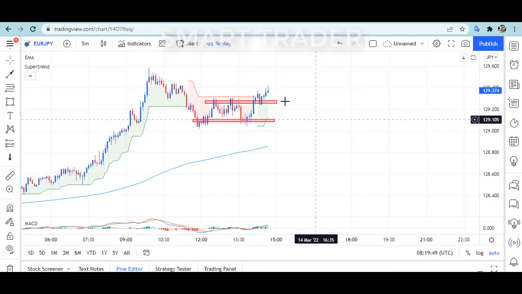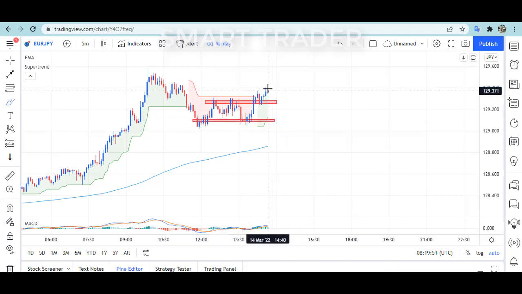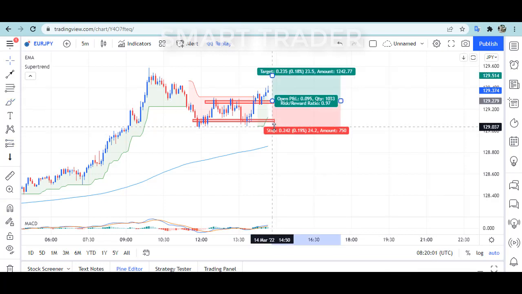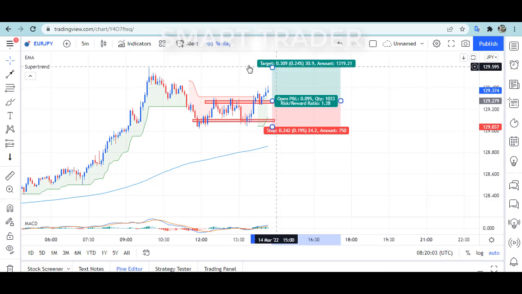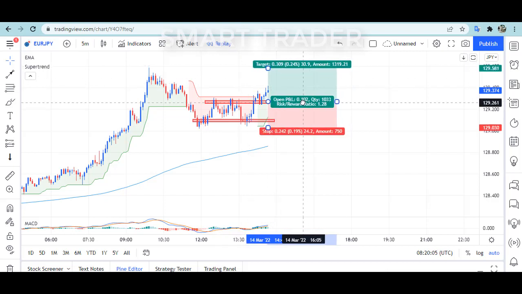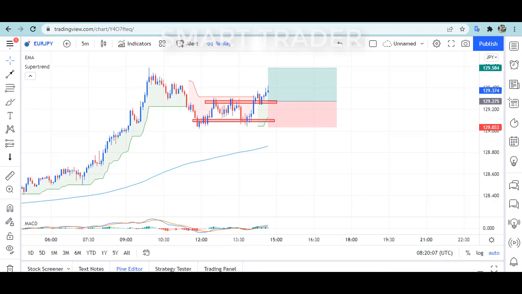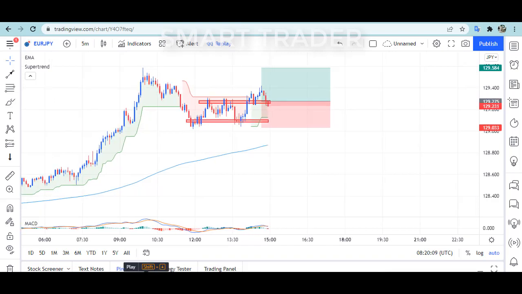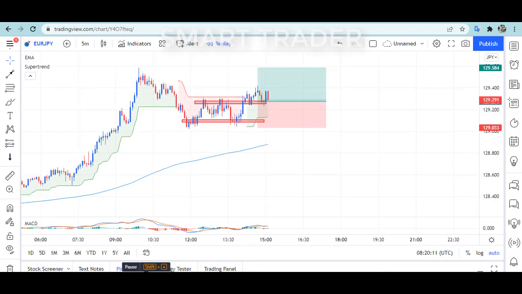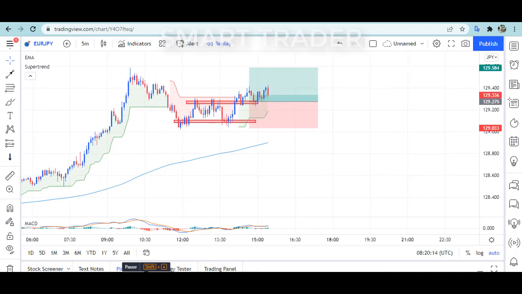So my plan is to wait for the market to retest, entry from the range high. Here, stop loss below the range low, risk and reward at least 1 to 1. Okay, now the trade triggers. We are in profit.